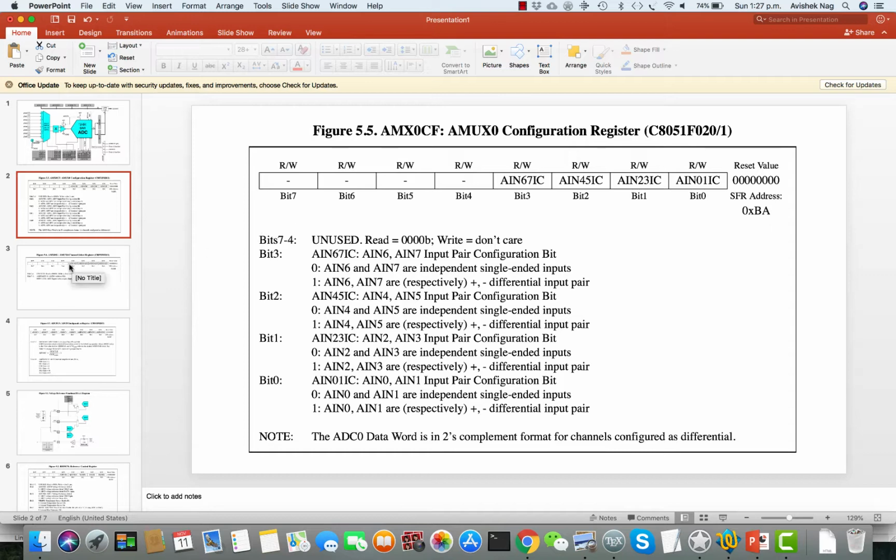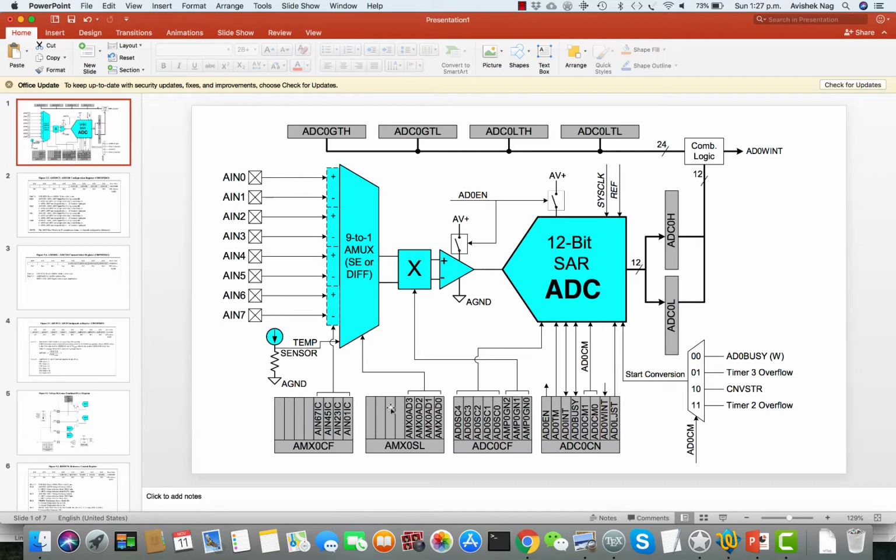Now let's see the function of the AMX0SL register. AMX0SL is again basically a kind of multiplexer. Based on the combination of these bits, you choose which of these input voltages will be chosen.